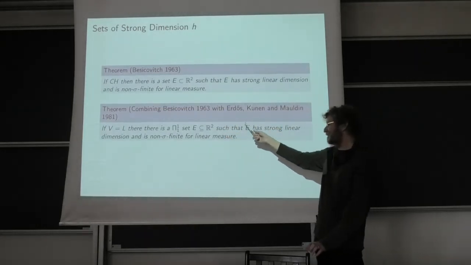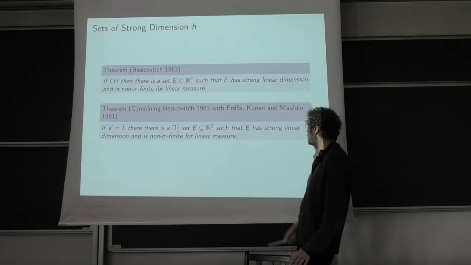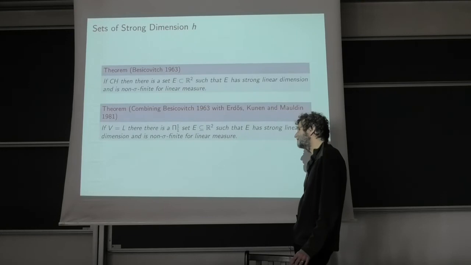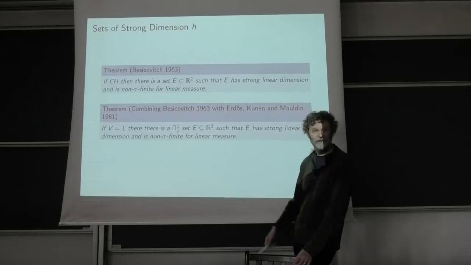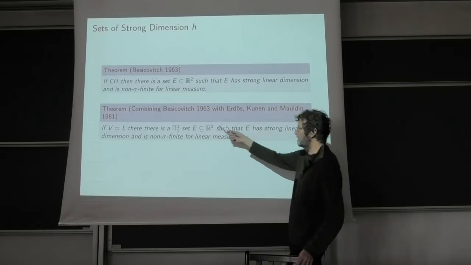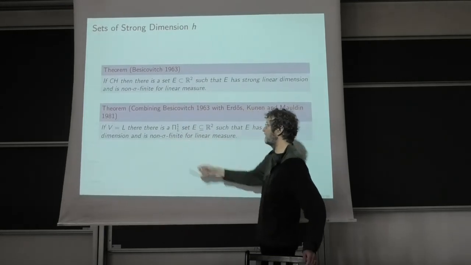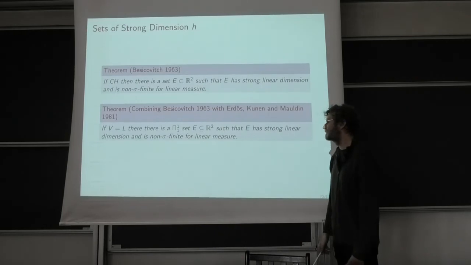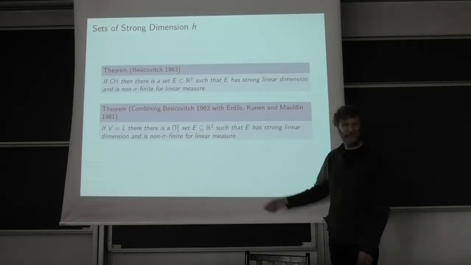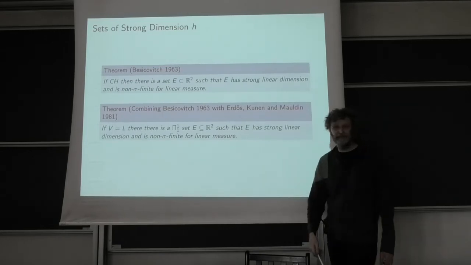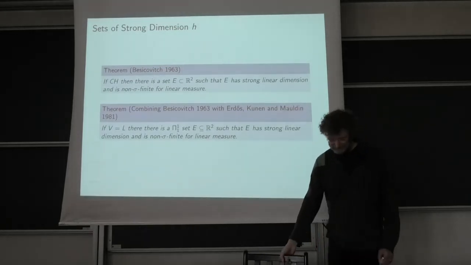But there was work by Erdos, Kunen, and Mauldin on other kinds of properties of the continuum. If you combine this work with Besicovitch's construction, you can prove that if V equals L, there's a Pi-1-1 set, a coanalytic set, that has strong linear dimension and is not sigma finite for linear measure.